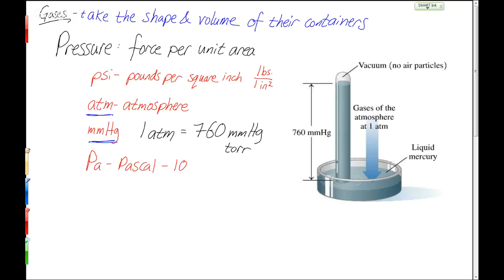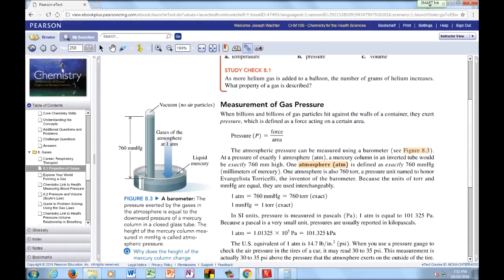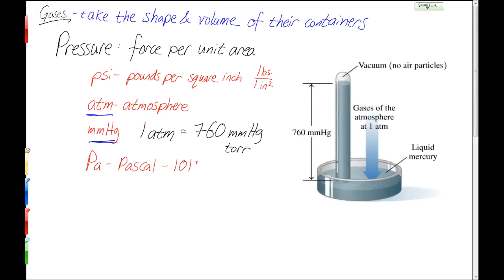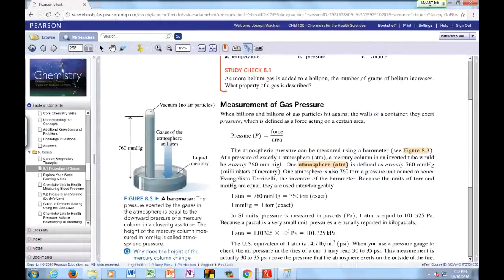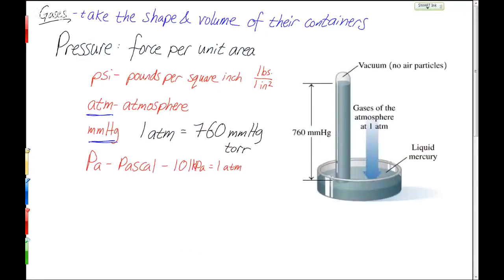I'm going to get this wrong, 101... I don't remember the exact number, there it is, 101. Oh, I was right. 101 pascals is 1 atmosphere. Oh, no, I'm sorry, 101 kilopascals. So 101,000 pascals is an atmosphere. I'll give you these numbers if you need them. But these are some different ways that pressure is measured, and that's how we measure a quantity of gas.